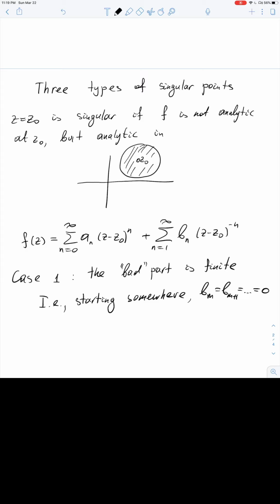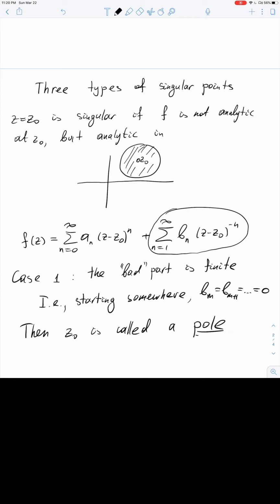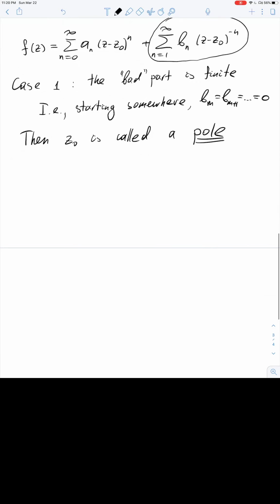So this part doesn't go all the way to infinity. It goes just to some term and then it stops. So then z0 is called, and I used this word occasionally before, a pole. This will be a really important word for us.